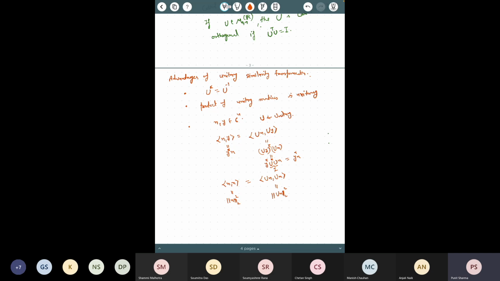It will not amplify the error, and that is a big advantage of unitary transformation, because in numerical algorithms it will not introduce more errors. The errors which are already there will remain, but because of this transformation, we will not add any extra error in the computation.